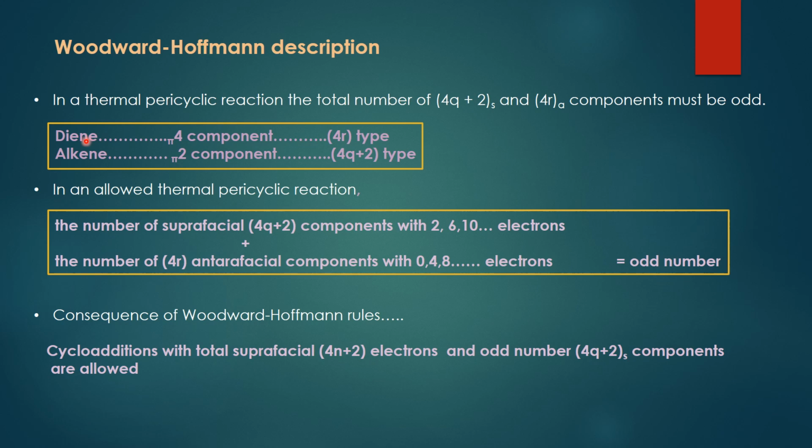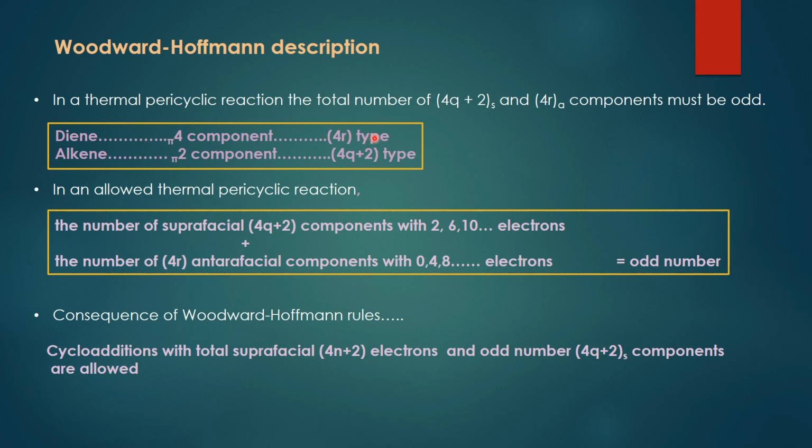That means in the Diels-Alder reaction, we have a diene and an alkene. The diene is a 4-pi component system, whereas the alkene, the dienophile, is a 2-pi component system. The diene is a 4-pi component system, and thereby we know that it's a 4R type.